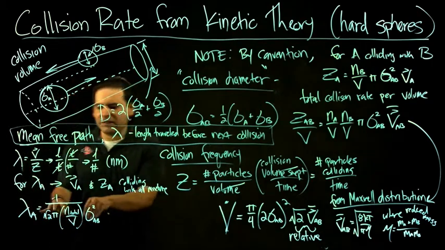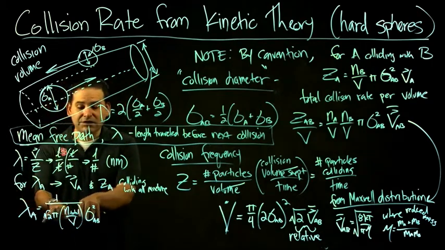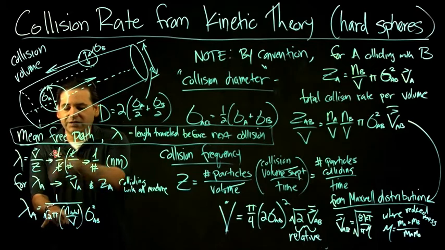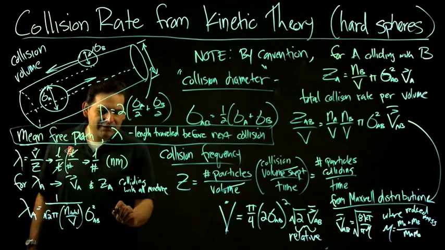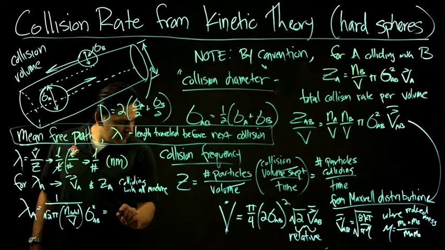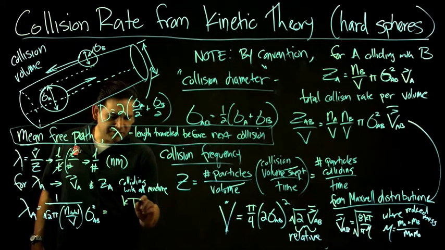So this is basically the collision diameter, the collision frequency, and the velocity cancels out from the top and the bottom. And for ideal gas, you can express this in terms of temperature and pressure.